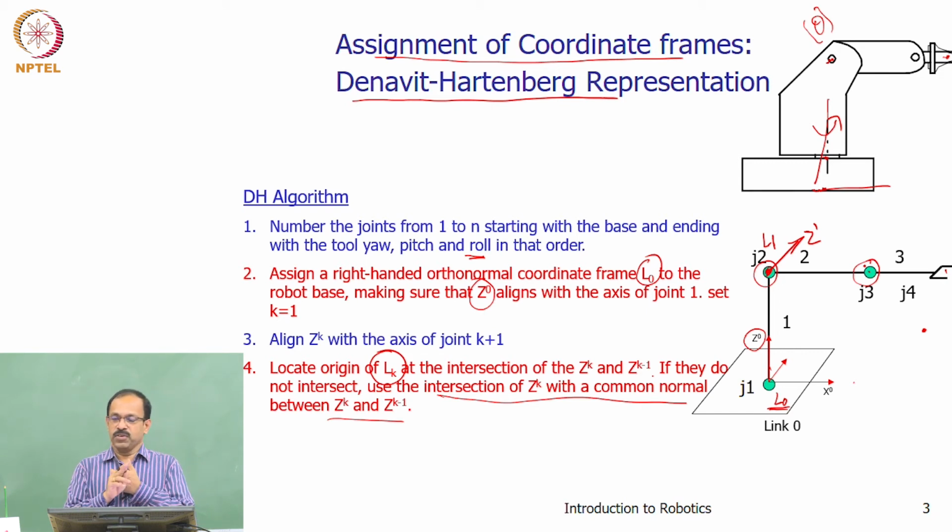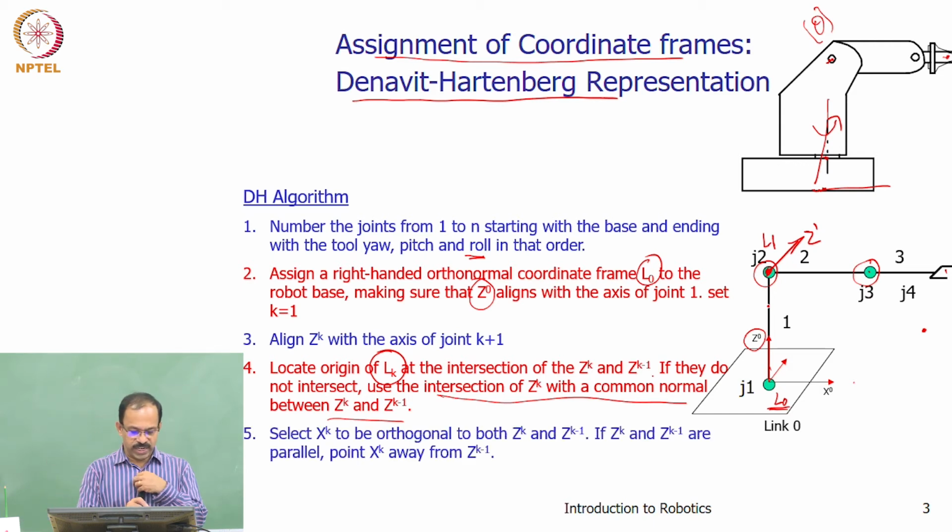So for Lk, we fixed the origin of L1 and we identified the z-axis also. Now we need to find out what is x1. Okay, what is the direction of x1? So x1 should be always normal, orthogonal to z0 and z1. That is the requirement. So xk to be orthogonal to both zk and zk minus 1.